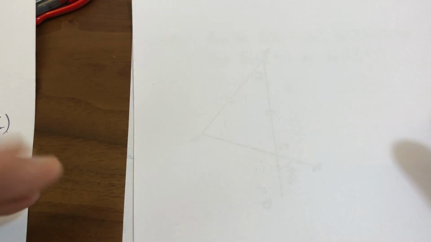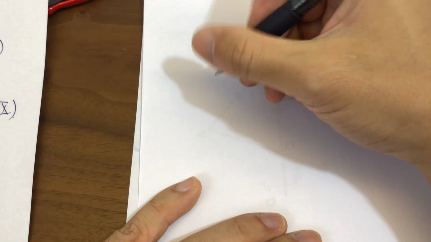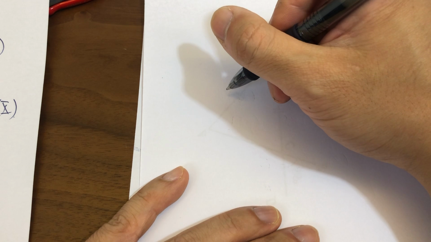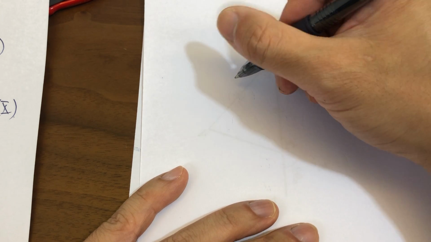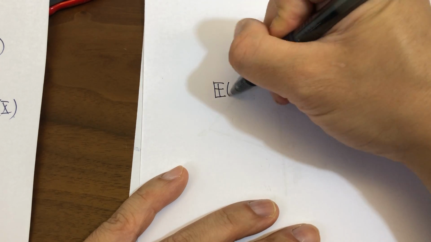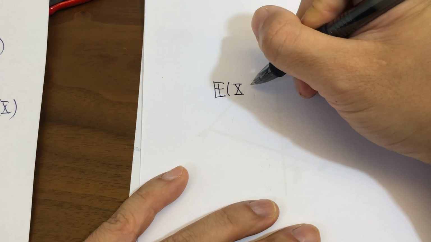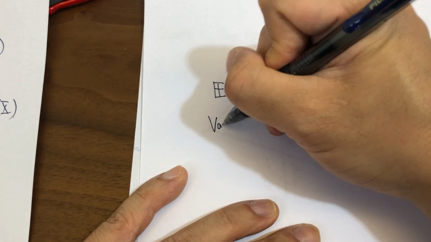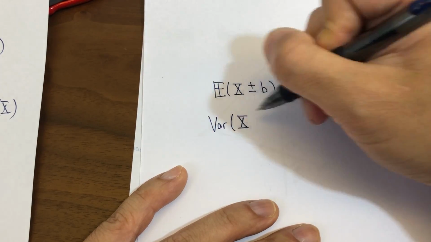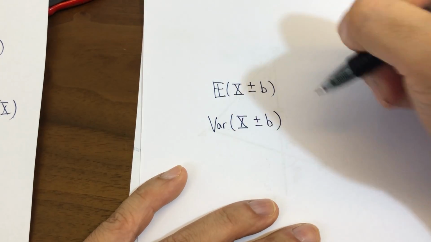And now, together with the first part, let's draw an overall conclusion. First of all, we consider adding or subtracting a constant: the expected value of random variable x plus or minus a constant, and the variance of random variable x plus or minus a constant.